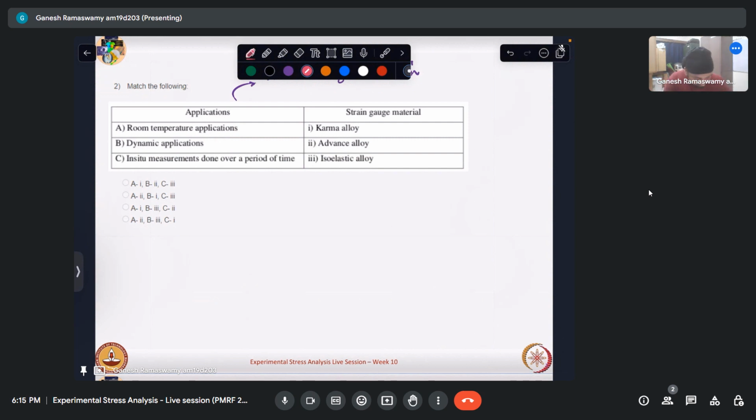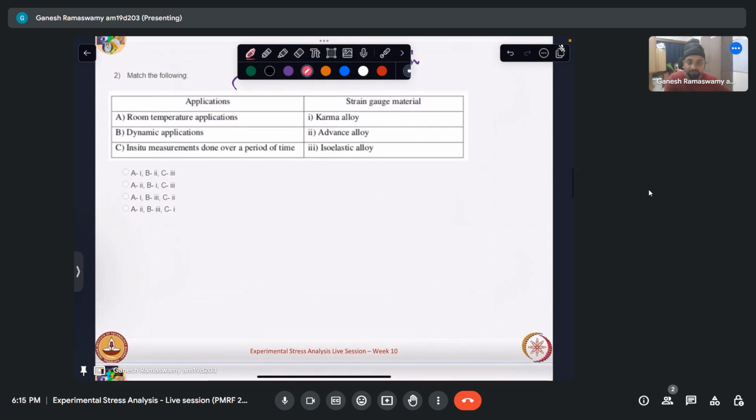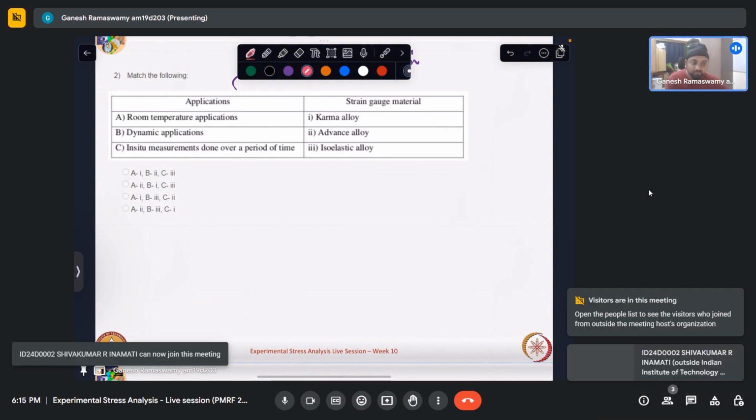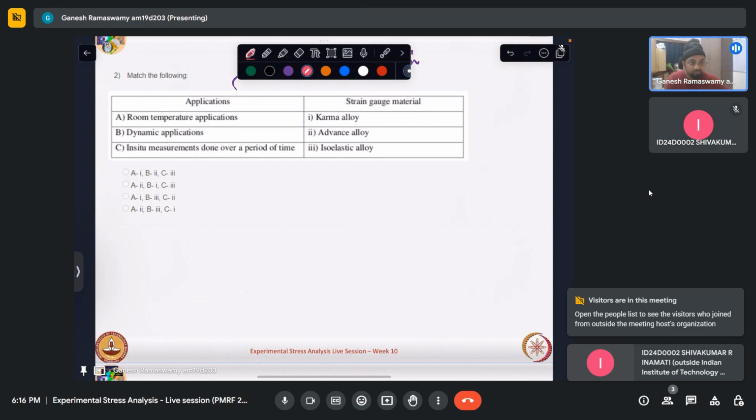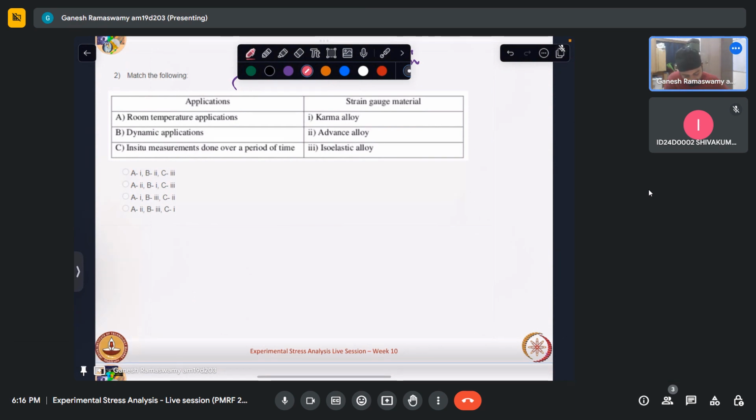So it might not have a derivation as such, but there are some things that experimentalists are required to familiarize themselves with over time so that we don't have to refer back to the books wherever we go. The applications state: at room temperature applications, which of these is useful?